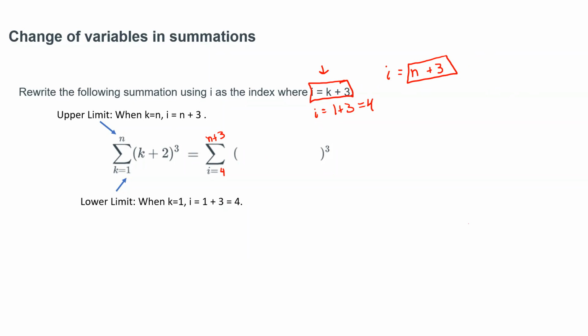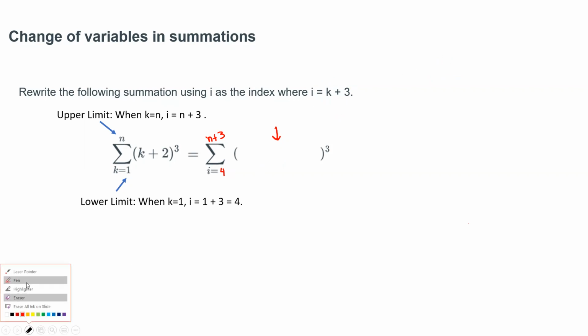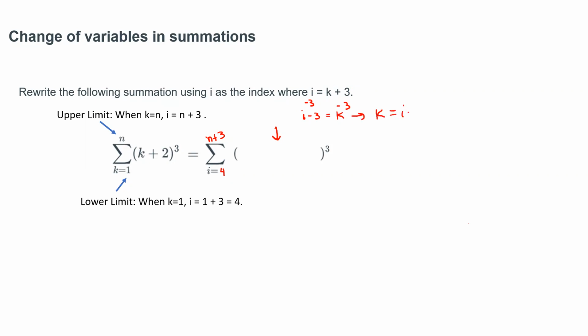Okay, so now if we're going to come up with an equivalent expression on the right, we have to change what's inside the parentheses to reflect the fact that we're not going to use K anymore, but we're using I. In order to rewrite what's inside the parentheses, I'm going to need to rewrite this equation and solve for K. So I'm going to subtract 3 from both sides, and I get I minus 3 equals K. So basically K is equal to I minus 3.